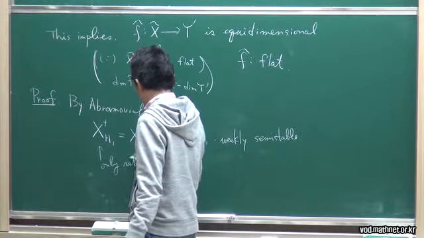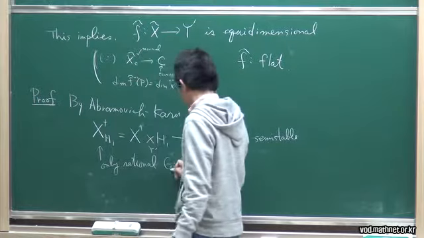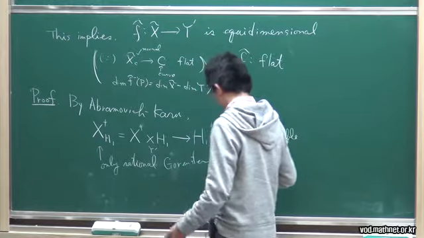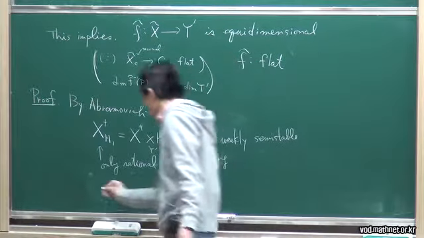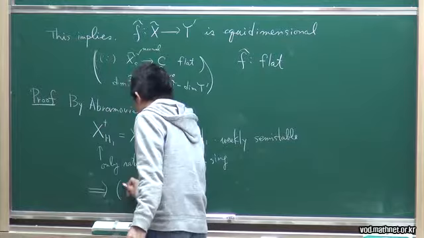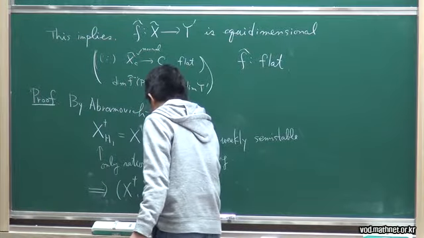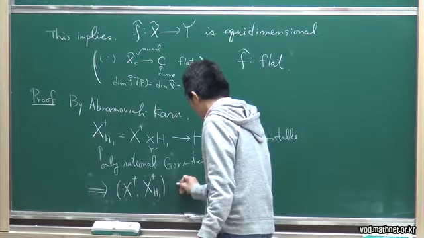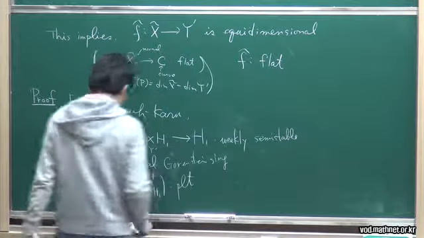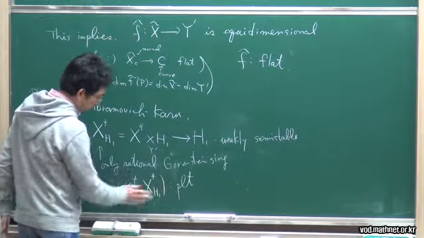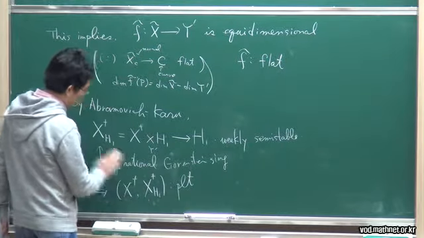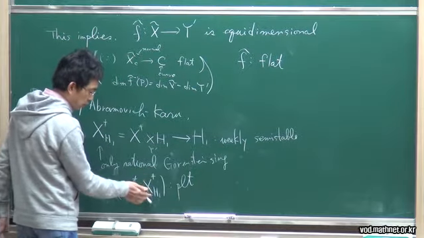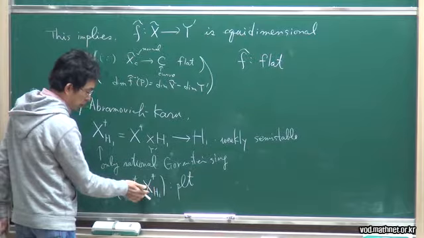In particular, this has only rational Gorenstein singularities. So this means the pair X dagger, H1 is PLT. Okay. This pair has only purely log terminal singularity. It is because this has only rational Gorenstein singularity. So the singularities of this one are canonical.